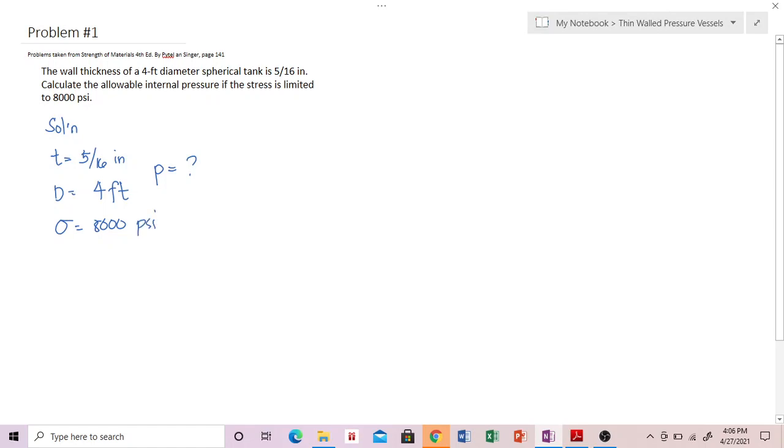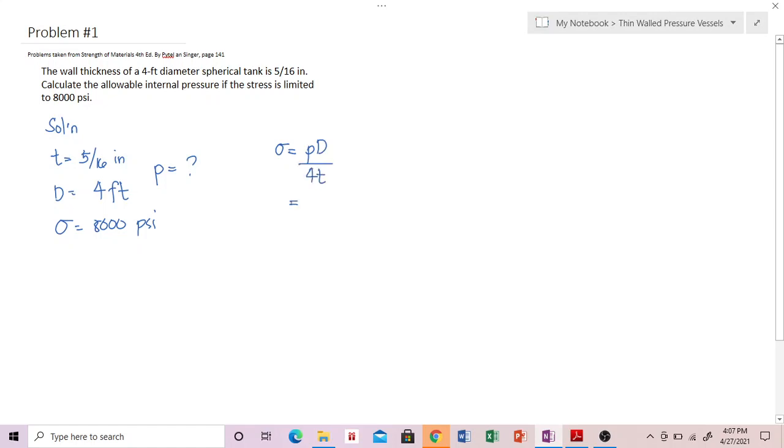Yan, class, na tinutukoy na stress, the tangential stress and the longitudinal stress, yan yung stress na nararamdaman or na-encounter ng material. So, let's say the pressurized vessel is made of steel. Ito yung steel, yung stress ng steel, ng material. Okay, so what is being asked? The internal pressure. By direct substitution, we have the stress of the spherical vessel equivalent to PD over 4t.